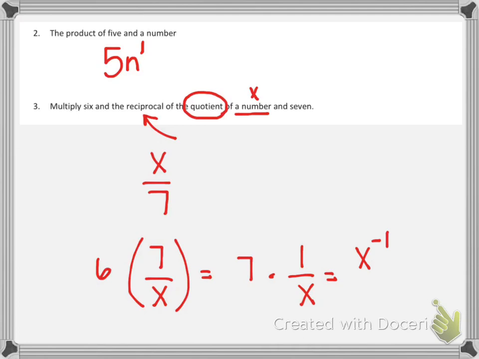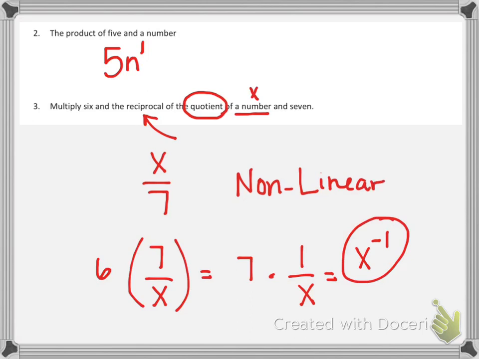Since our exponent is less than 0, this is nonlinear. If we were to graph this as an equation, it would not be a straight line.